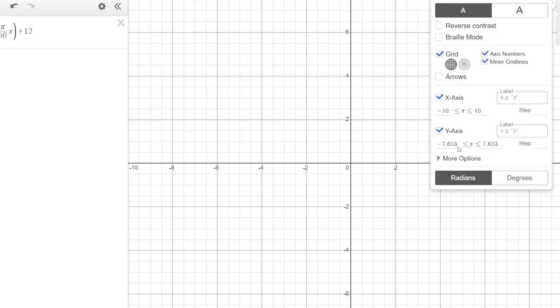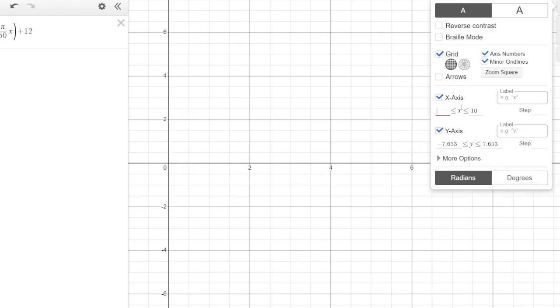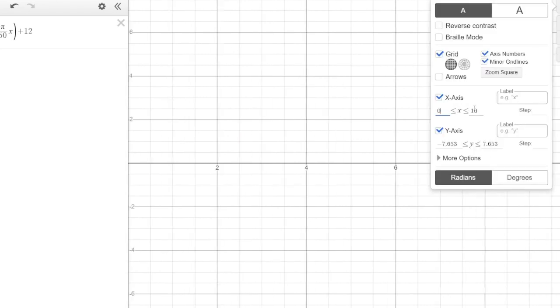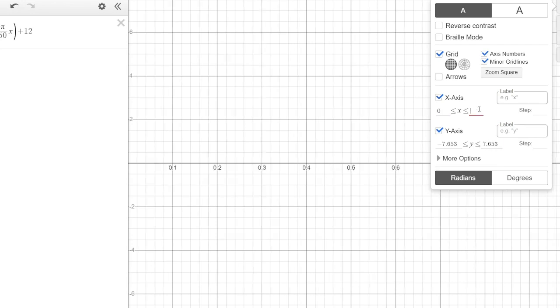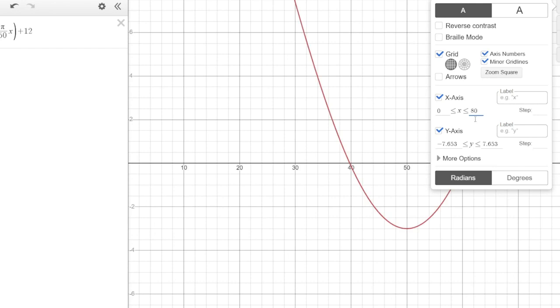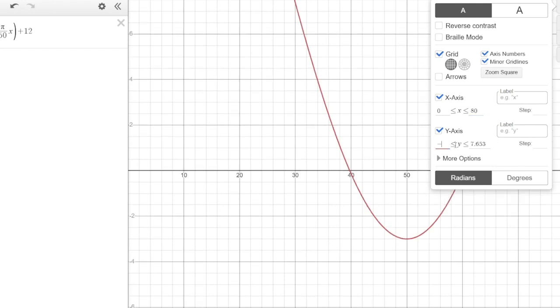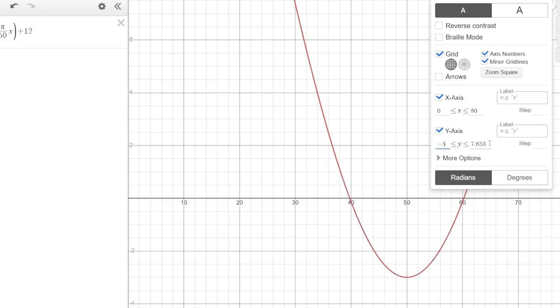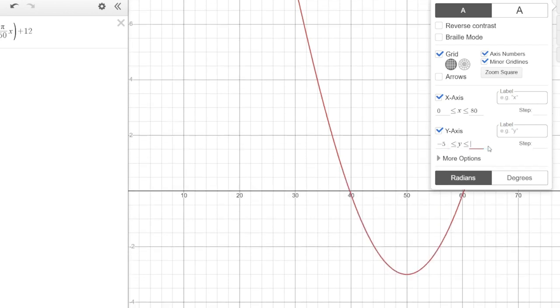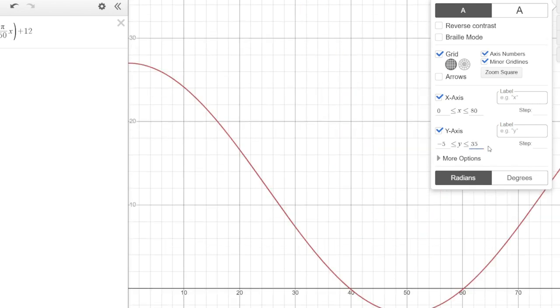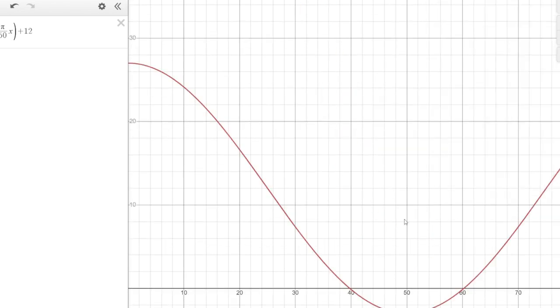We can just have x at 0, and we wanted to show a bit more than 50, so let's say a value like 80. For the y-axis, since we have negative 3, it's safe to use a bit more, so we can use negative 5. And since it's 27 meters tall, we can use 35. So this is how the graph is supposed to look.